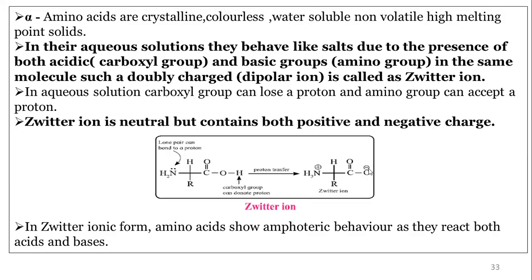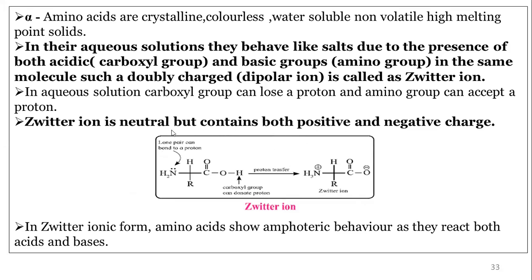Then this Zwitter ion is very important. Remember, this can be asked for the examination. What is meant by a Zwitter ion? A Zwitter ion is a structure of an alpha amino acid which contains both positive and negative charges. So we have to draw the structure and write in only one line. This can be asked for only 1 mark.